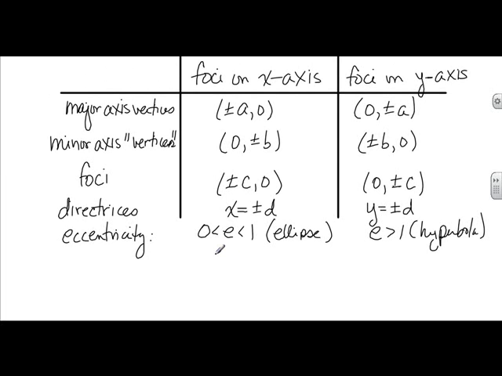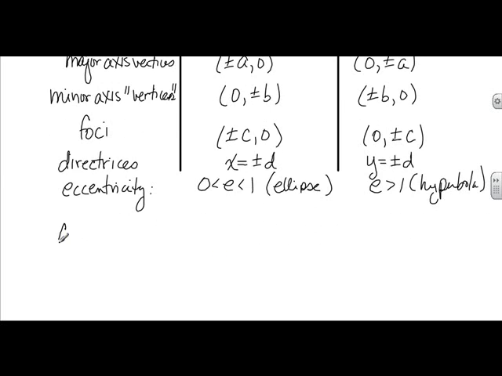But the cool thing is, there are 5 parameters for every conic section: parabola, ellipse, hyperbola. We're really thinking about ellipses and hyperbolas. A, B, C, D, and E. If you know 2 of these, you can find the others.